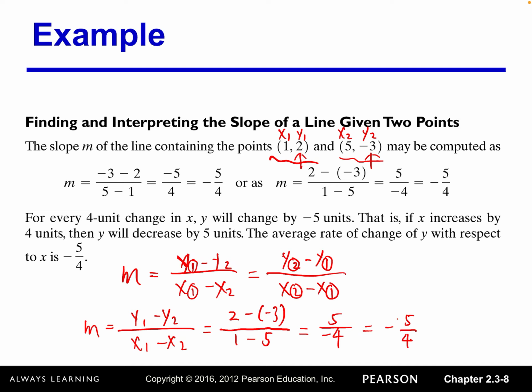So how do we interpret the slope? That means for every 4 units change in x, y will change by negative 5 units.